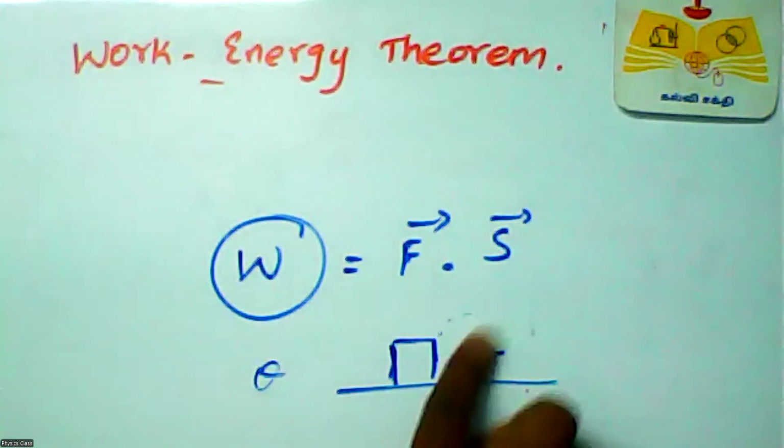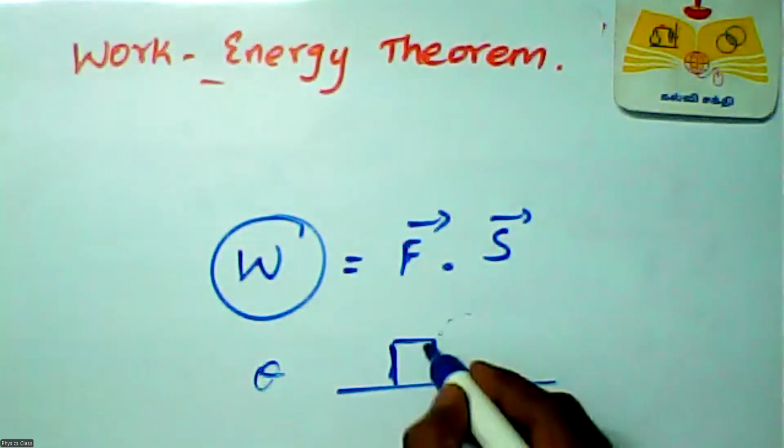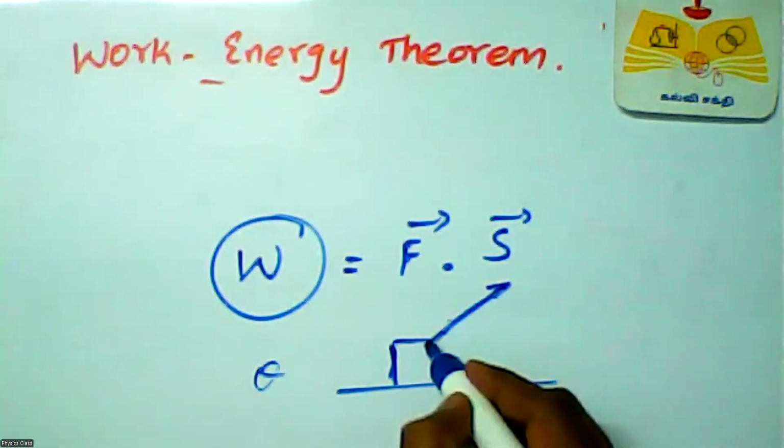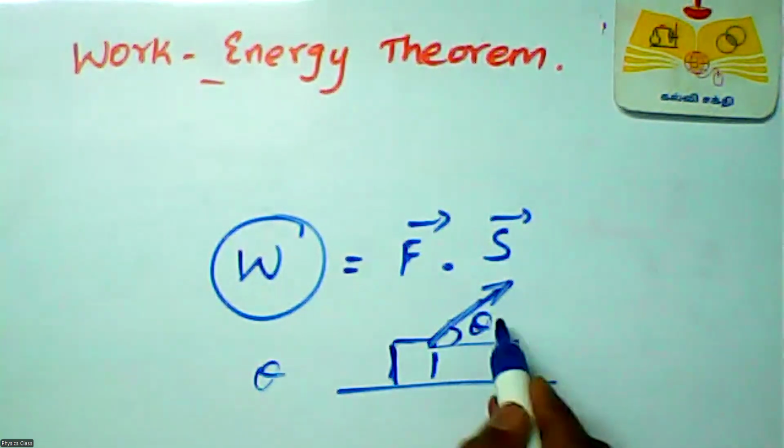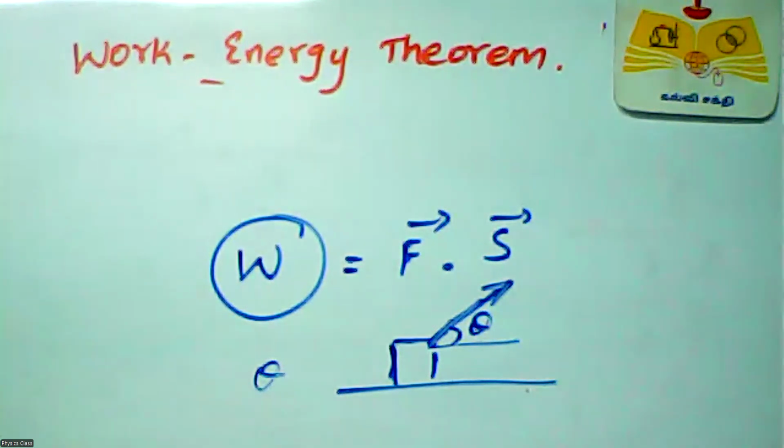But once you push or pull the object from an angle, now you get theta. This is one of the cases, and some books put theta because in that way we can include all the cases. But in the work energy theorem, we are not going deep into what theta is and what its value is, because it belongs to work only.